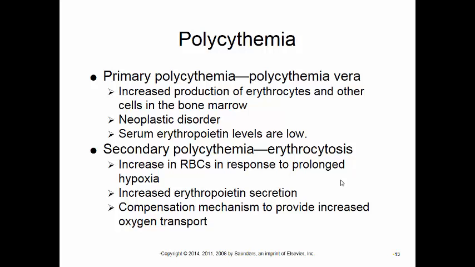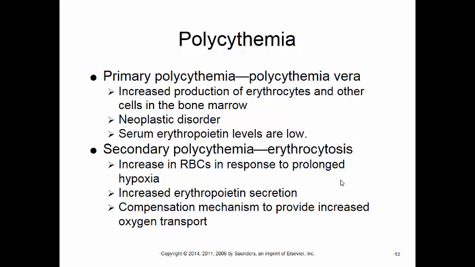And then we have secondary polycythemia, or erythrocytosis, in which we're making too many red blood cells. And this is due to the hormonal levels being too high. So the homeostatic control for erythropoietin is off. With primary, the control part is off in the bone marrow. Okay. With the secondary, it's due to the erythropoietin secretion.